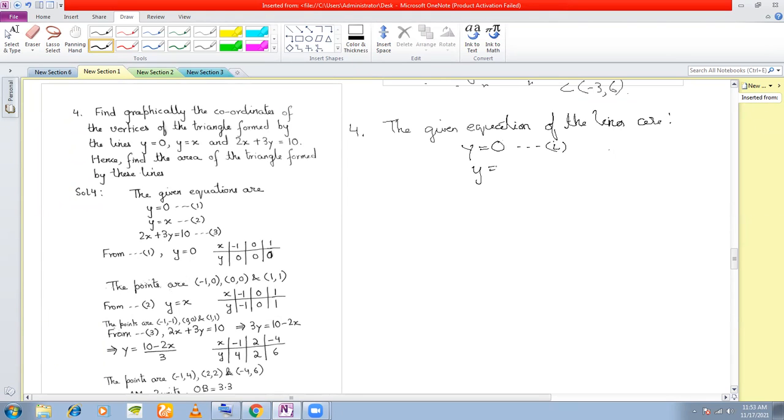Next is y is equal to x. And the third equation is given to you as 2x plus 3y is equal to 10. Call this equation number 3. Okay. Now we need to draw this on the graph sheet.